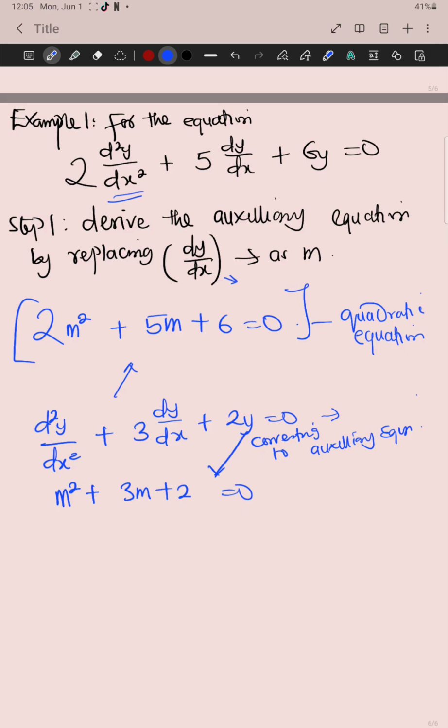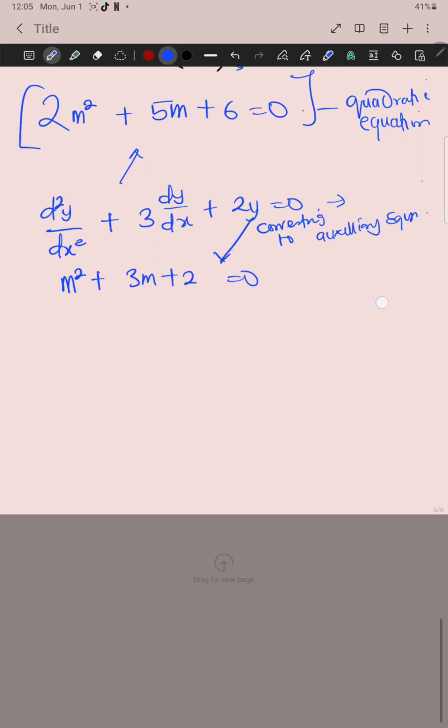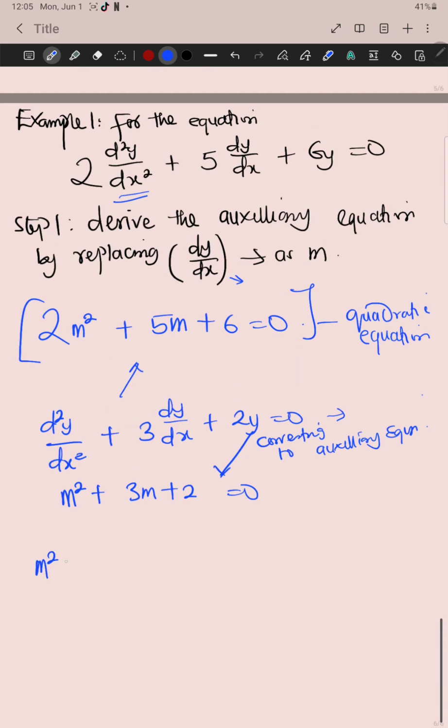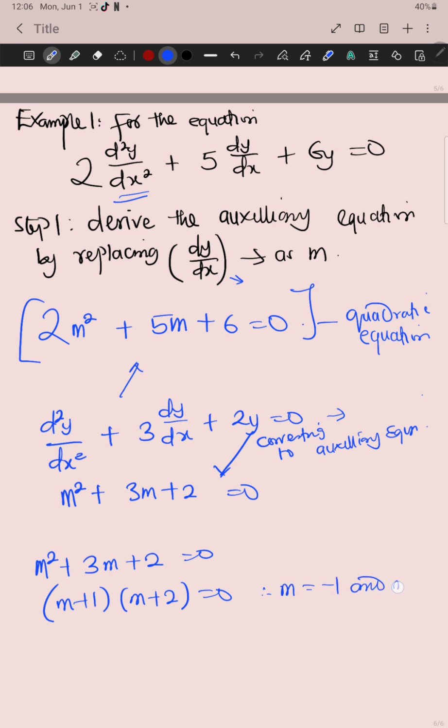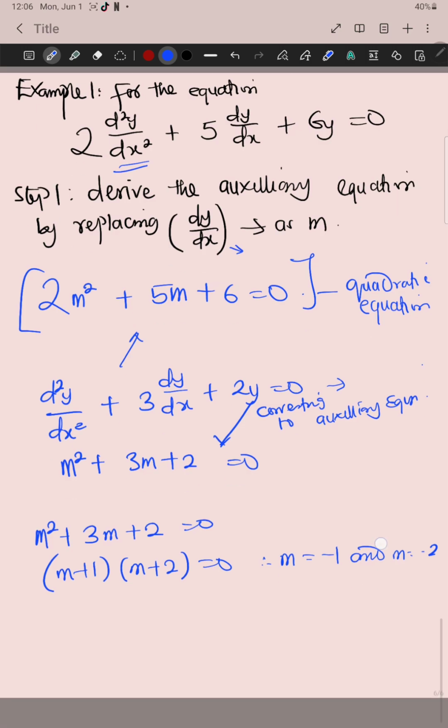Since the auxiliary equation is a quadratic, there is no need for us to panic. So the solution, when you say m squared plus 3m plus 2, by factorization you can have m plus 1, m plus 2 is equal to 0. It means m is equal to minus 1 and m is equal to minus 2. True or false?